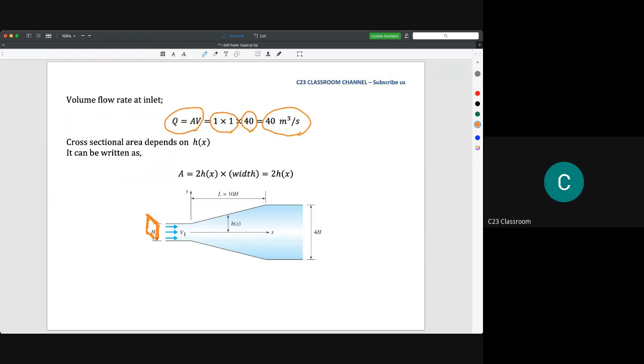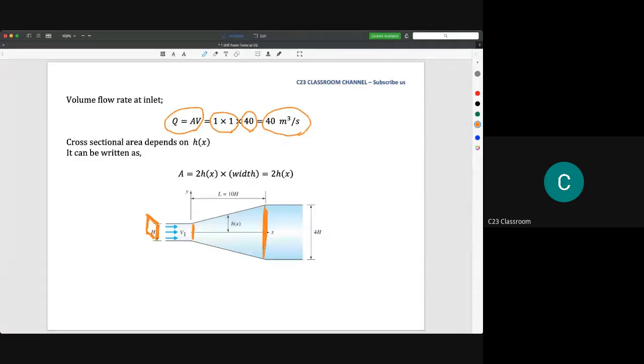And then, as I said, the flow rate is influenced by the value of A. Now we find that the cross-sectional area A at this point and at this point is totally different.